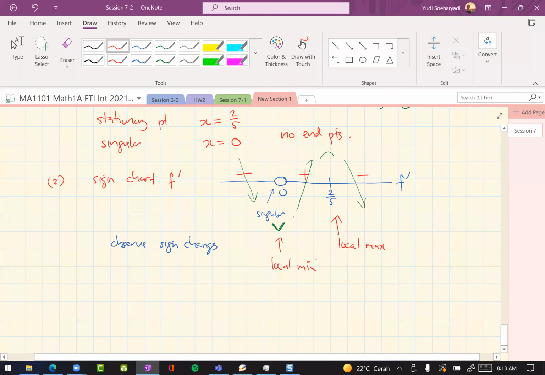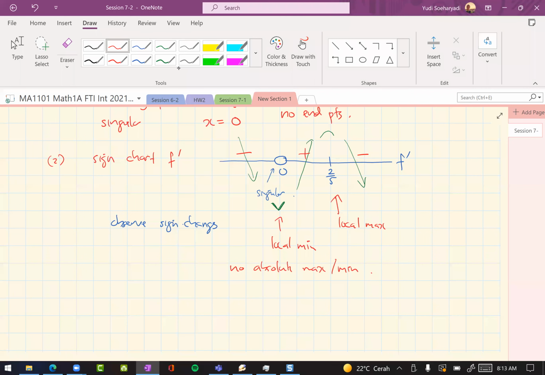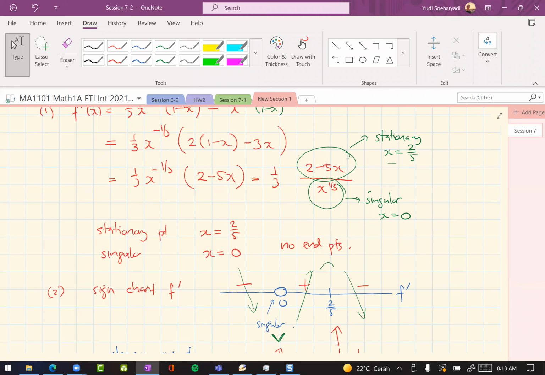So there isn't any absolute max nor min, since this keeps going down. Okay, so that's what we can say about this one. Questions?